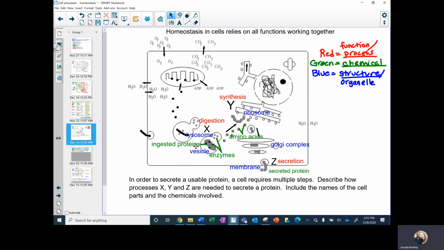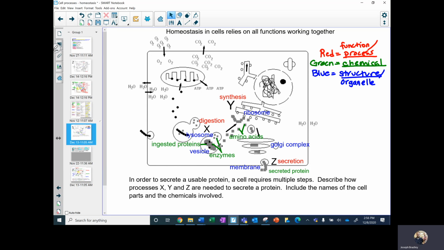How do we get to the secreted protein from here? Well, we need an ingested protein first in a vesicle, and you need a lysosome to break that ingested protein into different amino acids. Think about it like if I started off with a Lego castle and I wanted to build a Lego rocket ship. The first thing I need to do is break up my Lego castle into individual pieces. That's your digestion process.